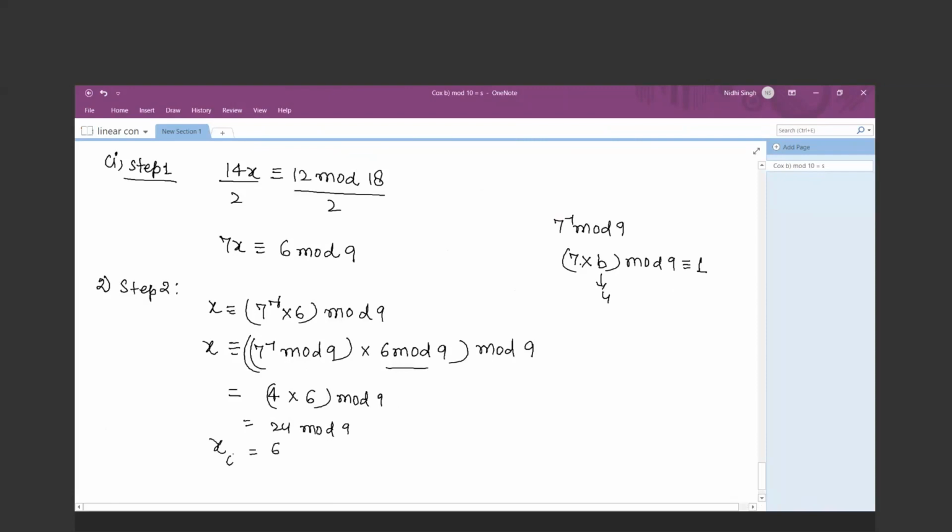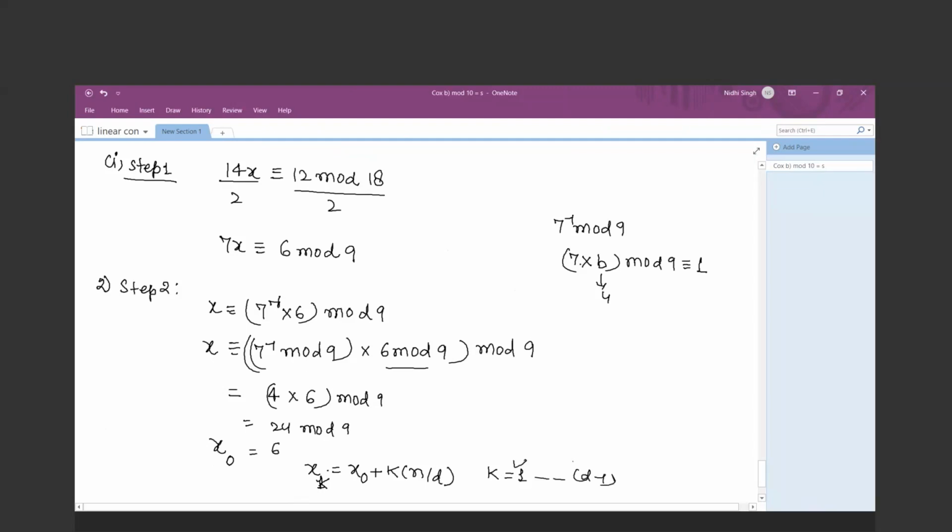So the value of x naught is 6 because there are d solutions possible and what is the value of d? That is 2. So that is x naught and we have to find out the value of x1. Okay? So for the x1, what was the formula? That is xk equals x naught plus k n by d. Okay, now what is the value of k here? 1 to d minus 1.